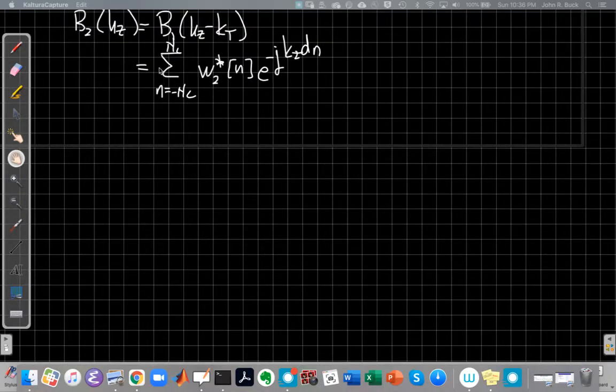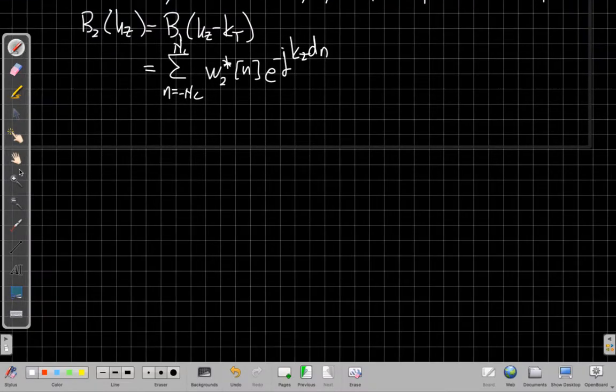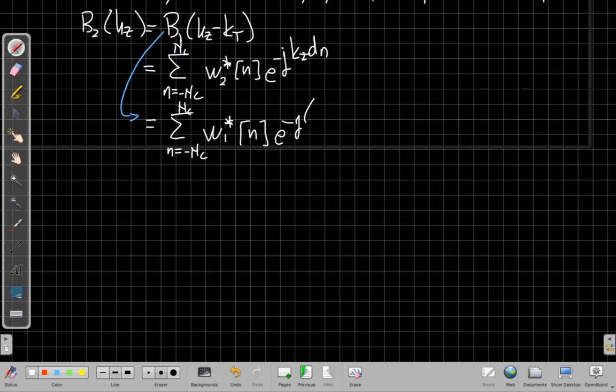So let's start by writing out the equation for the first thing. If we write out B1 of kz minus kt from the same definition, this would be the sum from minus Nc to plus Nc of W1, because we're now looking at B1, e to the minus j, and we're going to replace kz by kz minus kt, times dn.